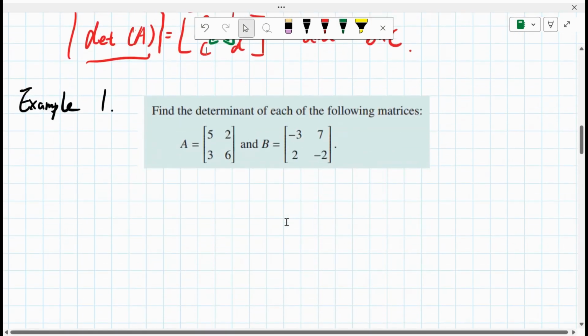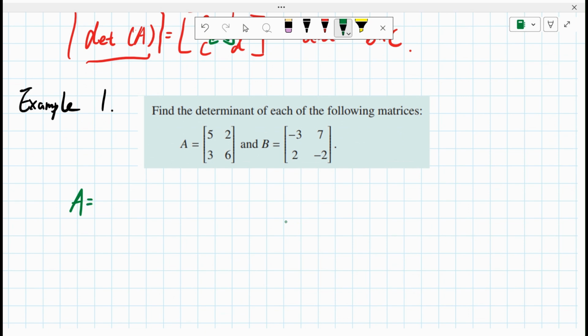Let's try with these questions. The determinant of A is 5 times 6 minus 2 times 3, that equals 30 minus 6, which equals 24.